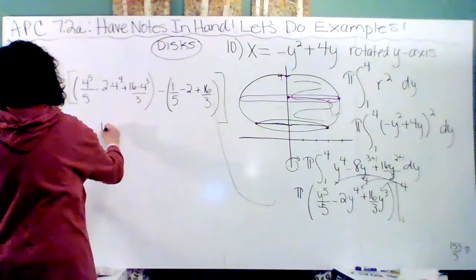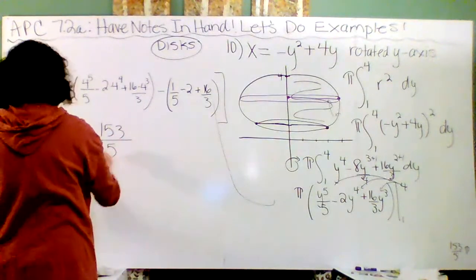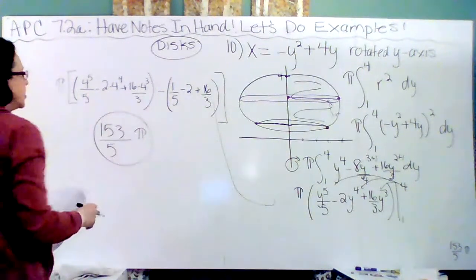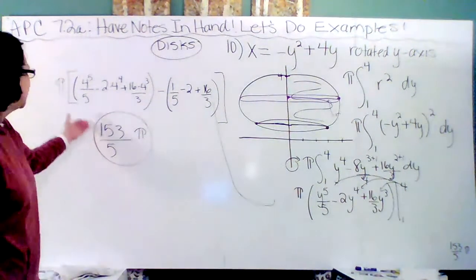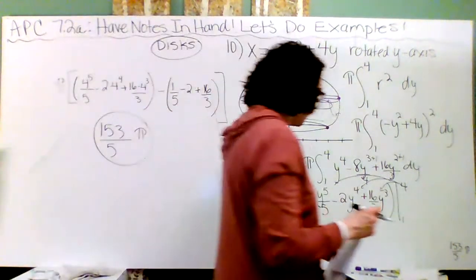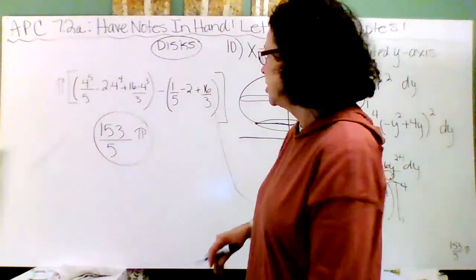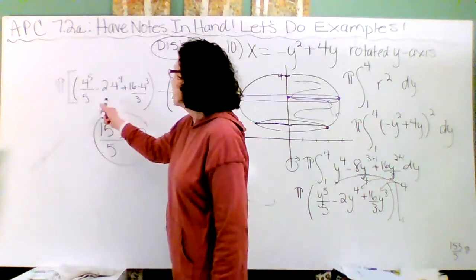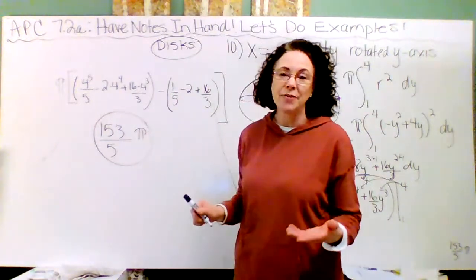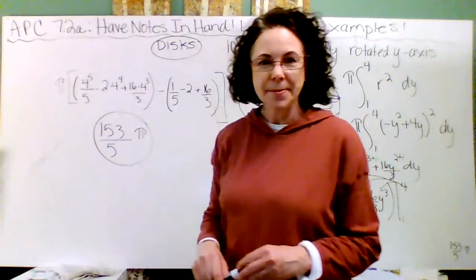When you do these calculations, you would get 153/5 pi. Sorry to cheat you out of the time of doing the calculations, but obviously we can do these. They wouldn't make them so complicated on a non-calculator portion of the AP exam. This would be on a calculator portion because they don't want you to spend that much time doing tedious work instead of calculus.